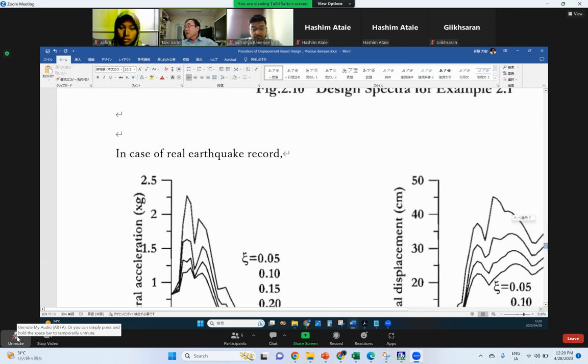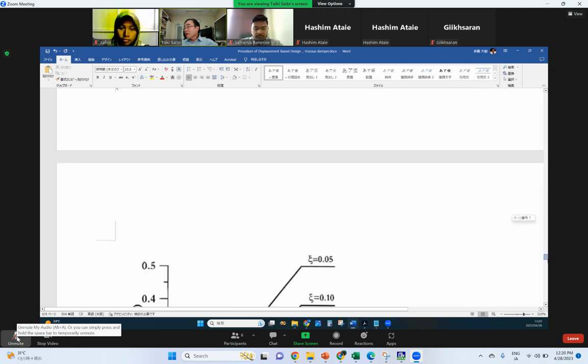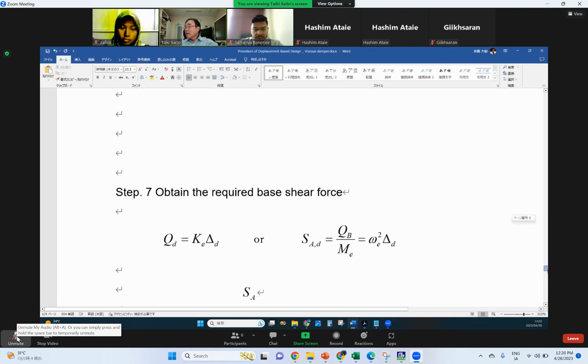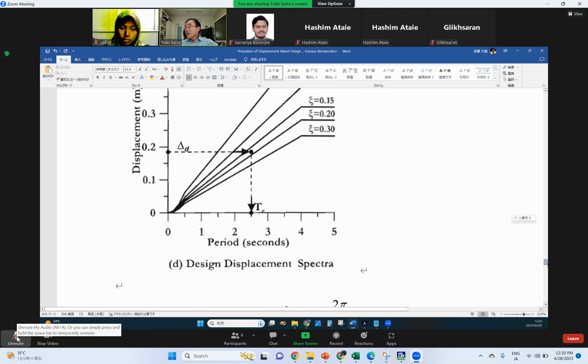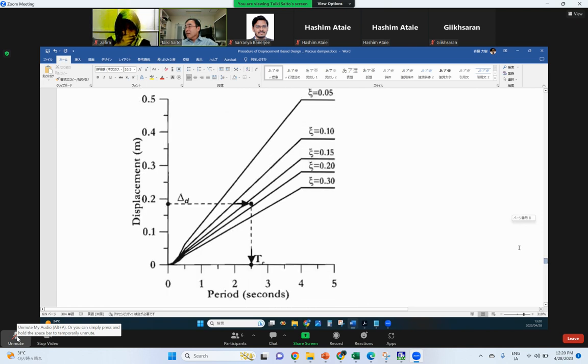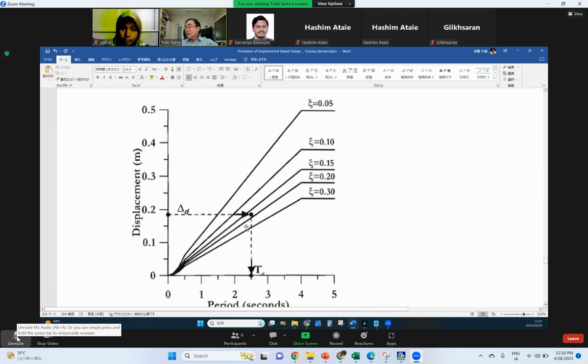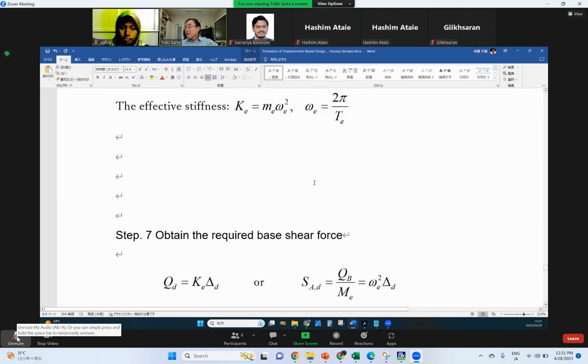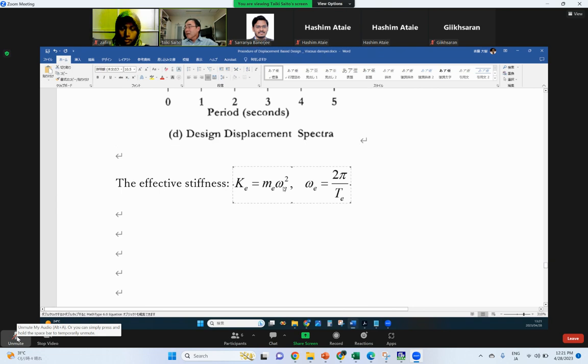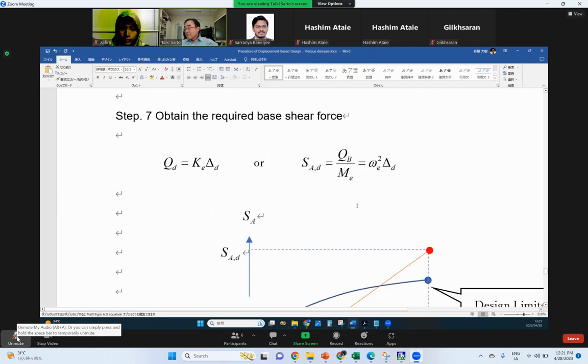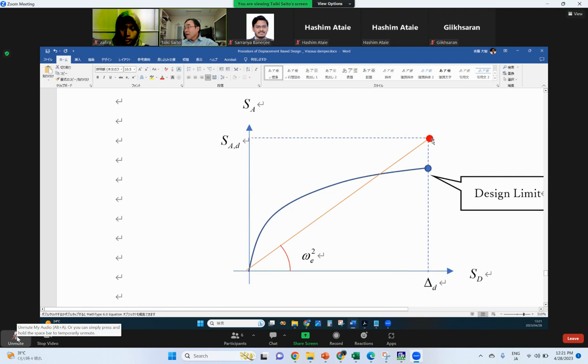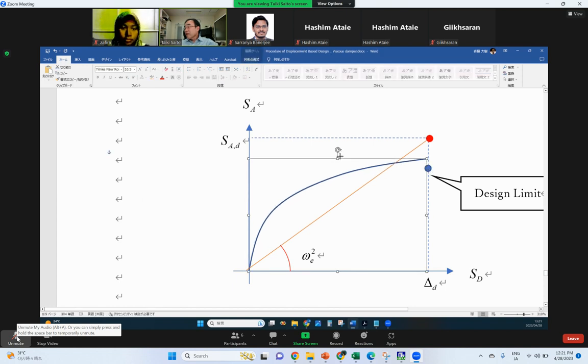You use the design spectrum of the earthquake, and with the damping, you can get the equivalent period from the target displacement, and you can get omega, and you can get the red point. If the red point is higher than your capacity curve, you somehow change the damper.